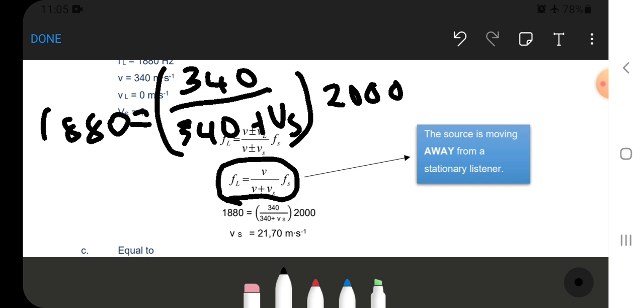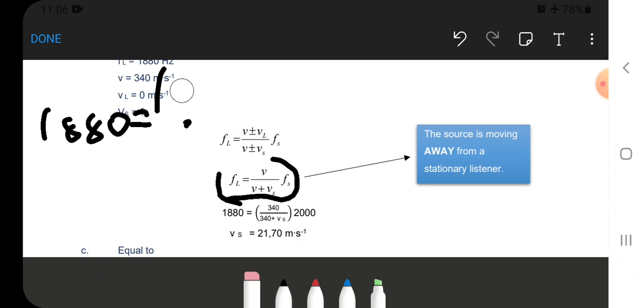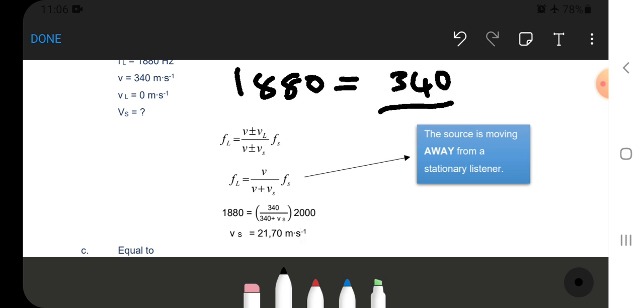So the first thing that I would do at this point is that I will make this over 1. This is multiplication. And then I'll multiply across. Okay, so I'm going to erase this. When I multiply across, I'm going to do something like this. I'm going to say 1880 equals to 340 over 340 plus Vs multiplied by 2000.